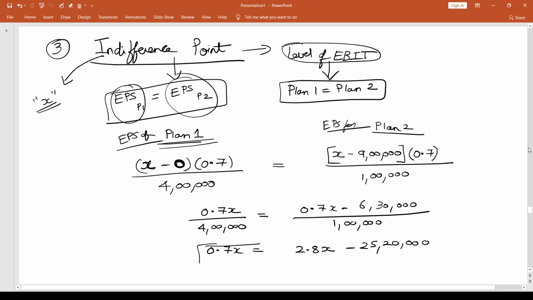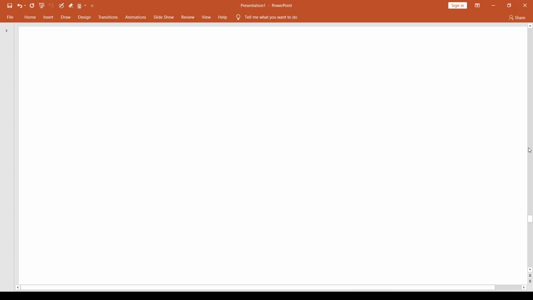Now this is something I need to solve for. Let me go to the next page. 0.7x is equivalent to 2.8x minus 25 lakh 20,000.